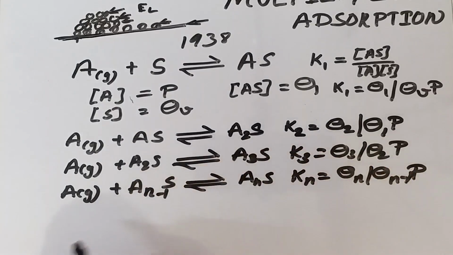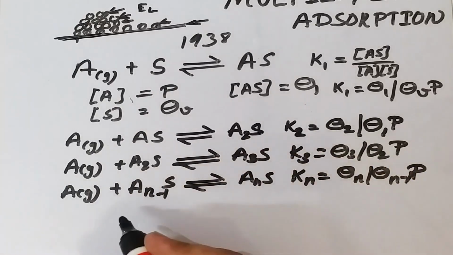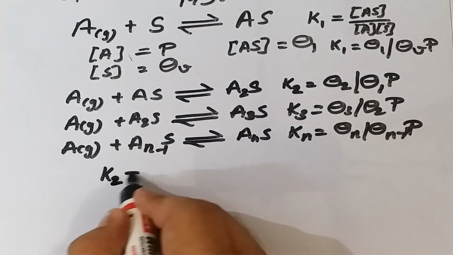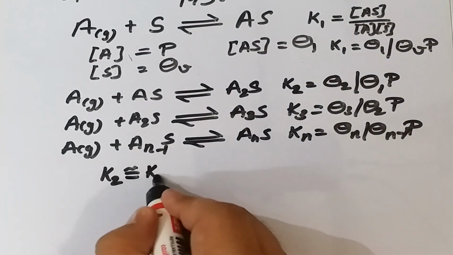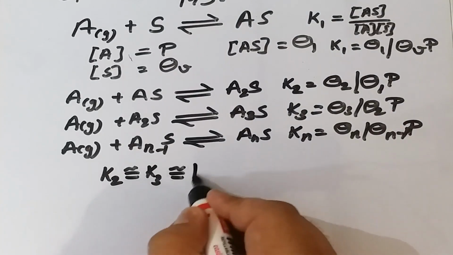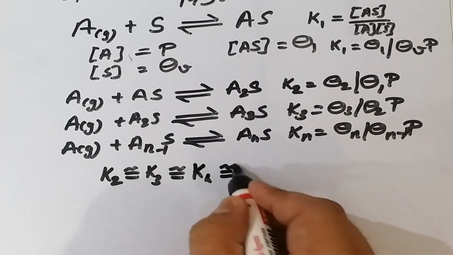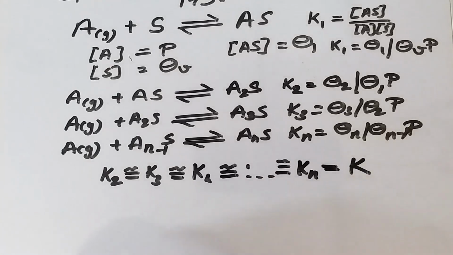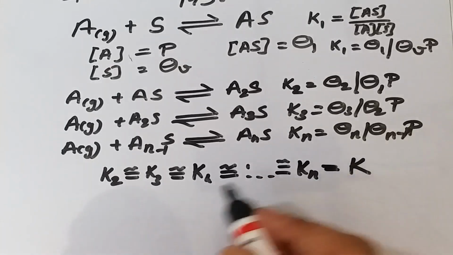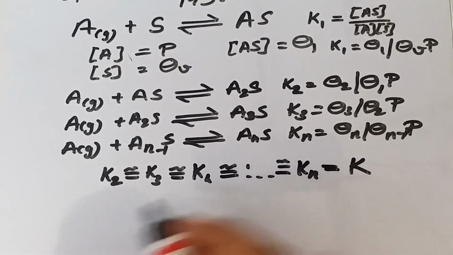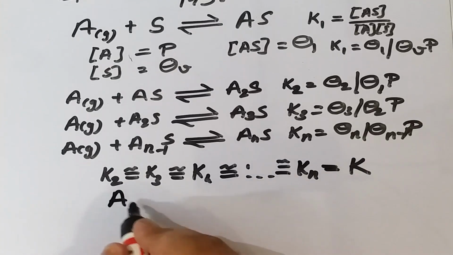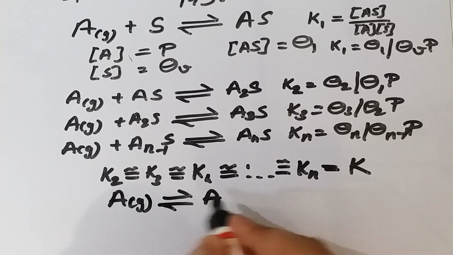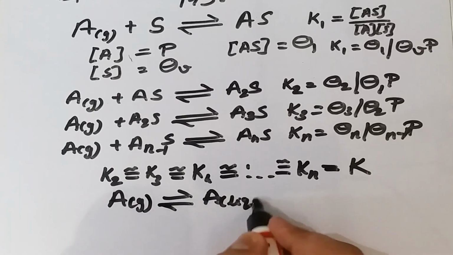Thus, from the assumption of BET theory, we can write that K2 is almost equivalent to K3, almost equivalent to K4, almost equivalent to Kn, and that I can write as equal to K, where K is the equilibrium constant for the liquefaction reaction, that is, our gas molecule is converted into liquid.